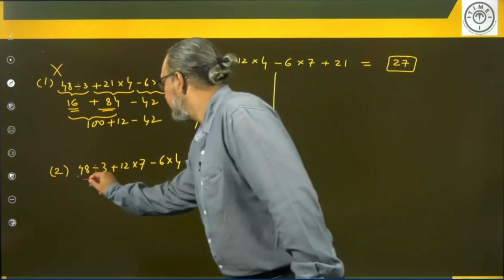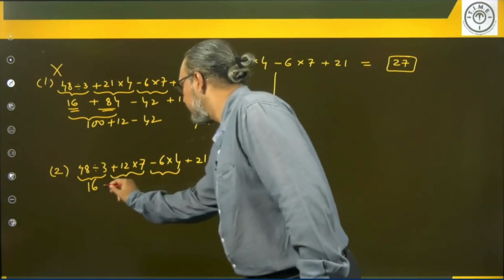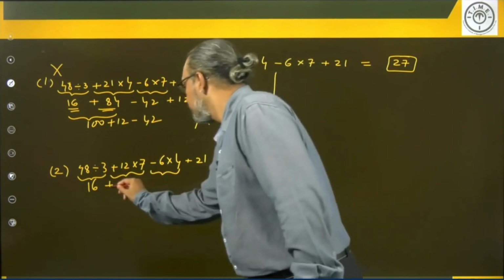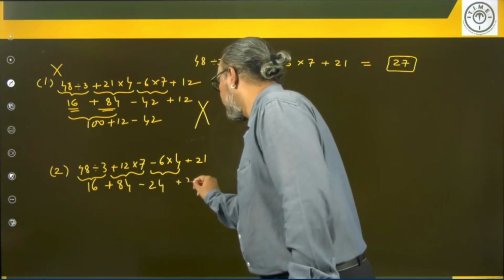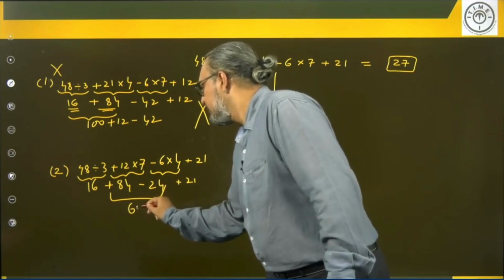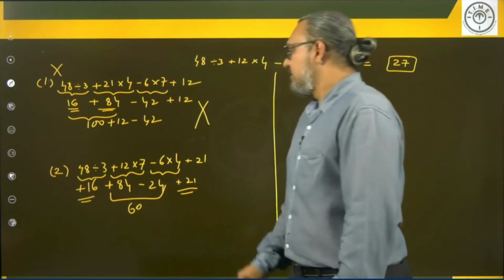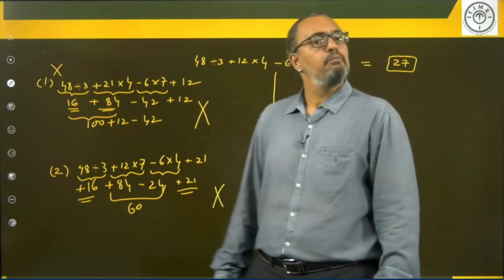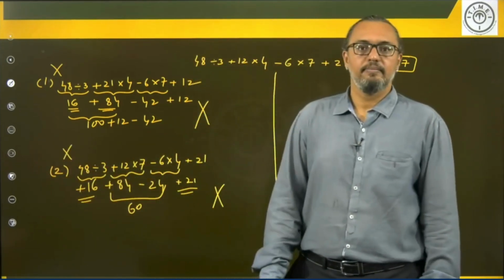So, this again here will be 16 and here are multiplication, correct. So, you are going to get 84 and 24 and 21. Now, 84 and 24 is 60 and everywhere else you have is addition. So, am I going to get 27? No, not again. So, choice 2 is also not the answer.